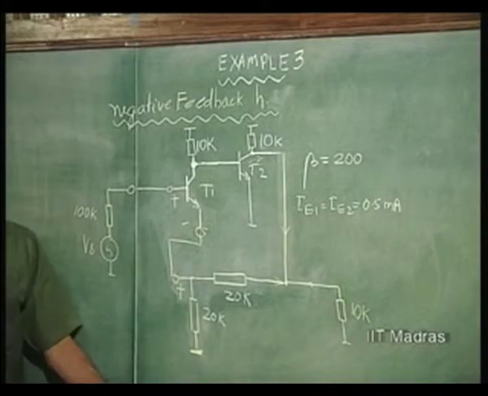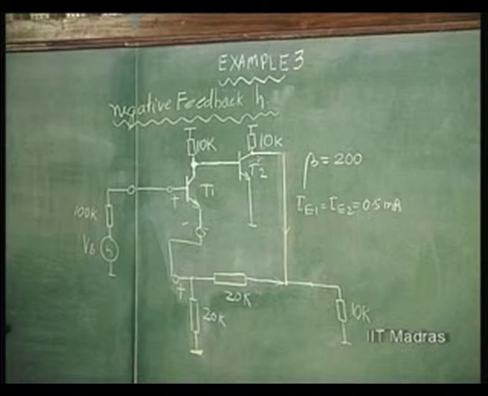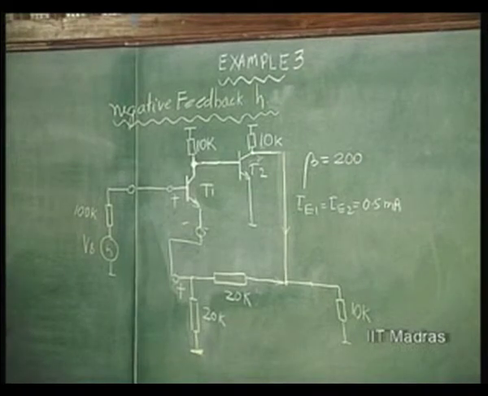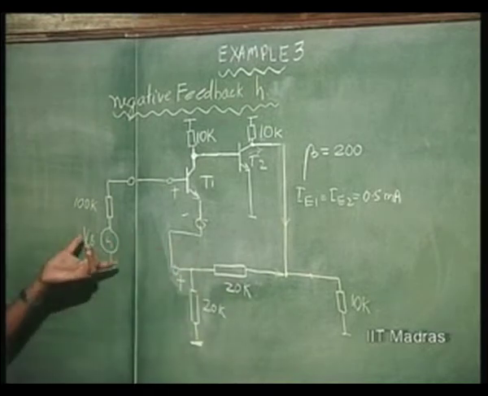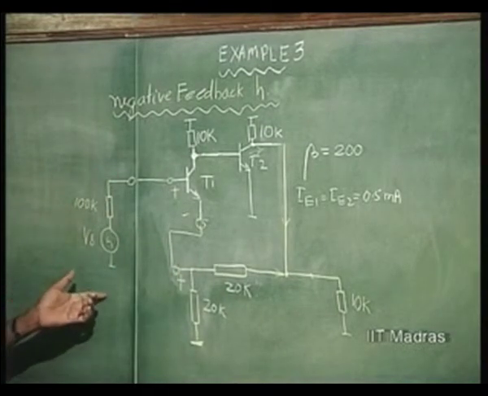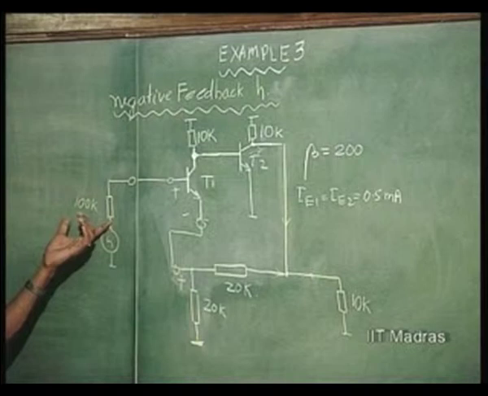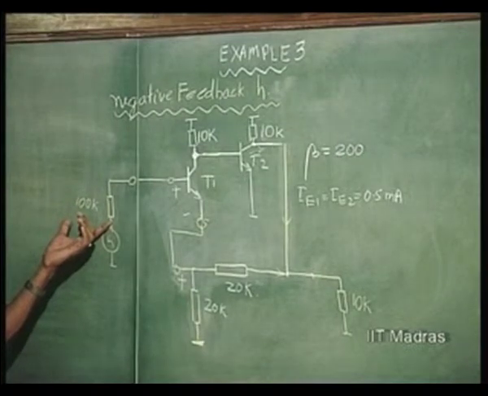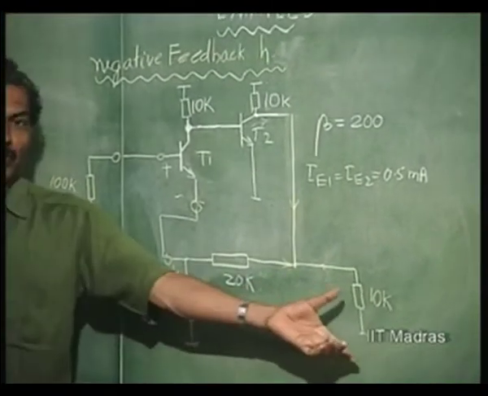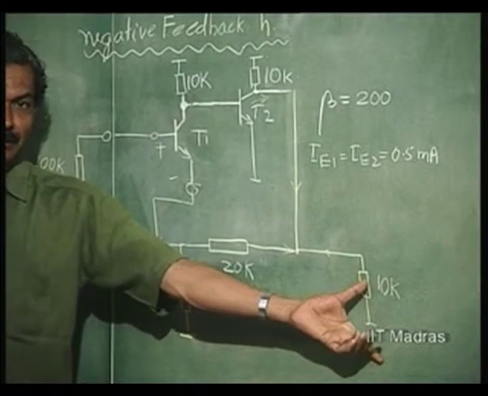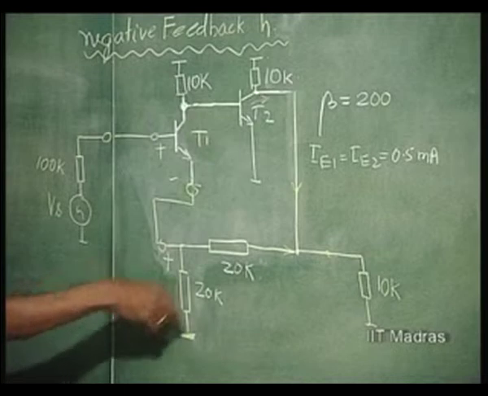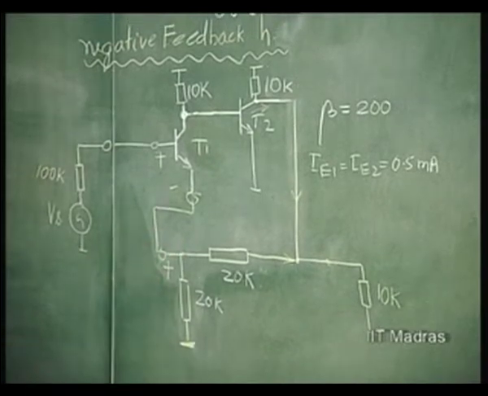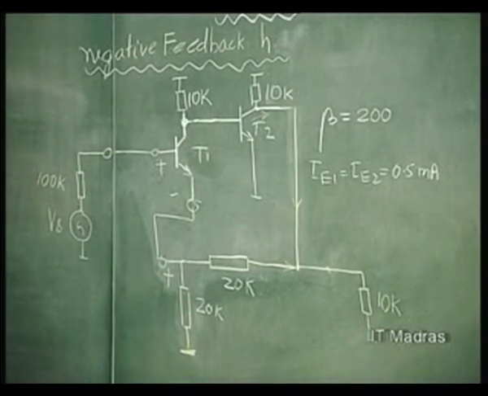So, let us now consider an example in this H feedback. Example 3. This is the feedback amplifier. Now, we have a source with 100k source impedance and a load of 10k. So, this is the practical situation. This circuit is the AC picture of the feedback amplifier network.